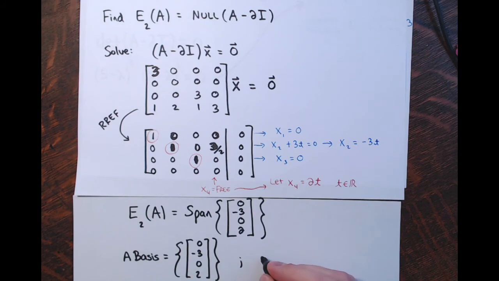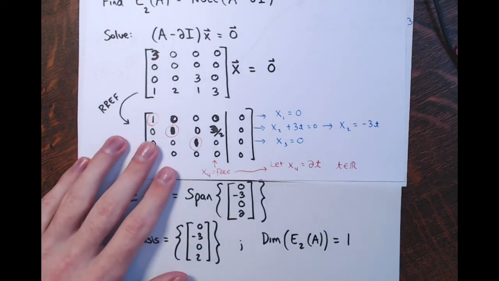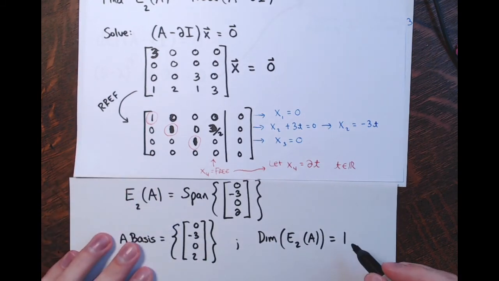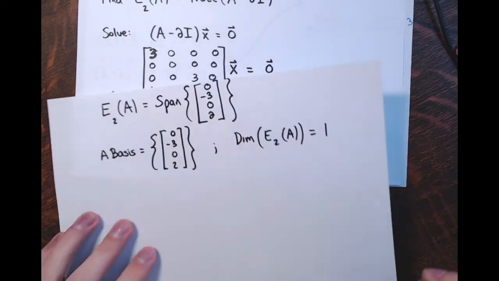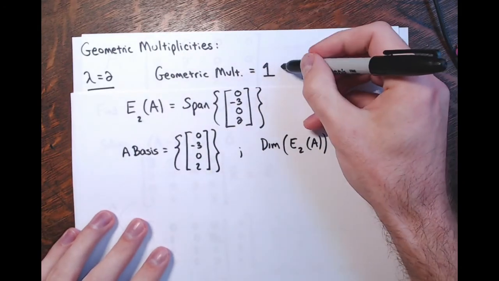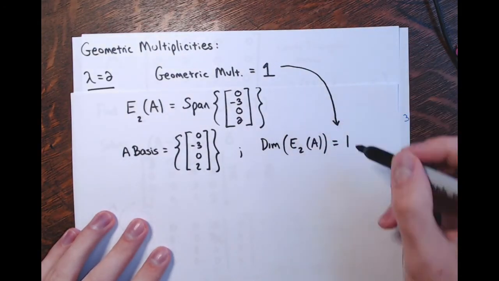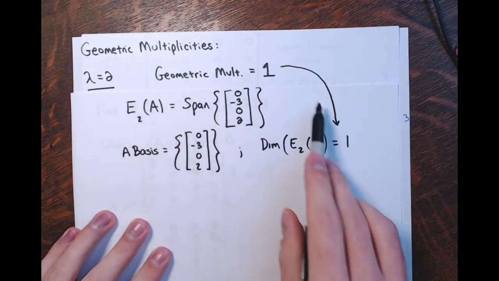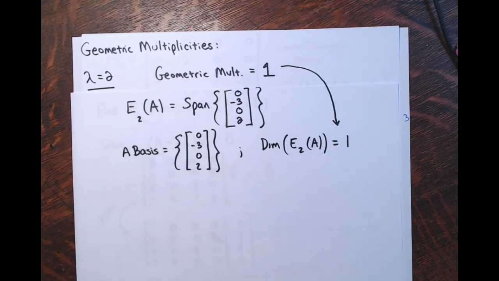Therefore, the dimension of this eigenspace is 1, as I was hoping for, as I suspected. So like I said, this takes me way back to the beginning. So the geometric multiplicity of this lambda equals 2 is 1, because that's the dimension of the corresponding eigenspace.